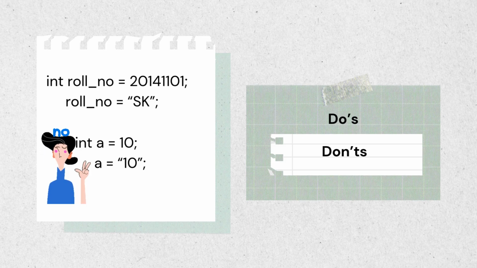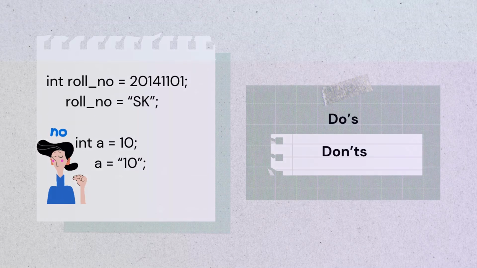If we declared the data type as integer, we cannot store a character or a string in it. That is, if we write int a = 10, and then try to insert another value like a = "10" as a string, that doesn't work, because an integer can hold only numeric values. Strings cannot be used inside that.